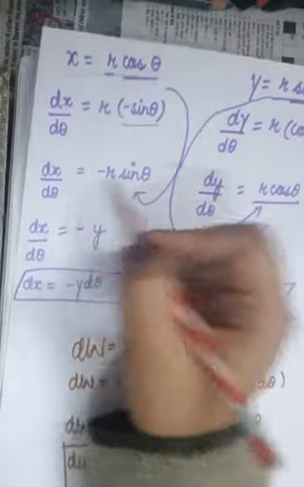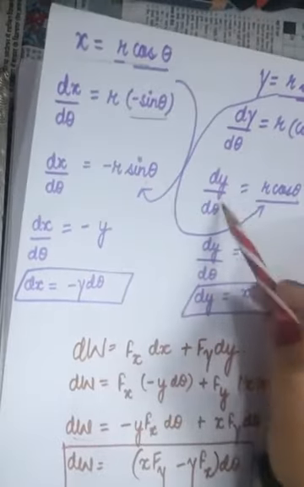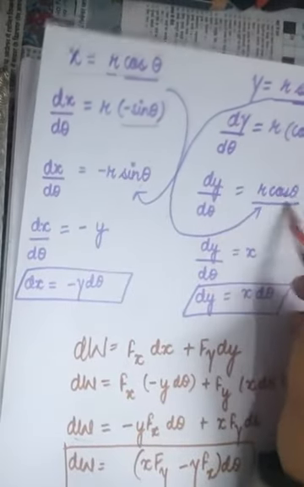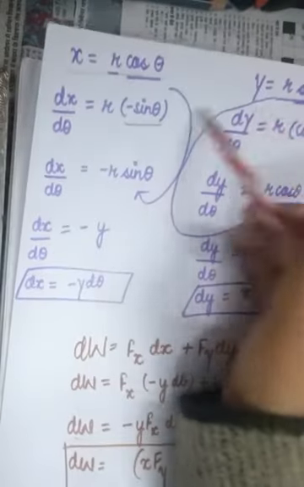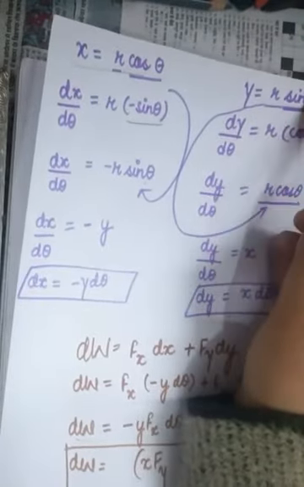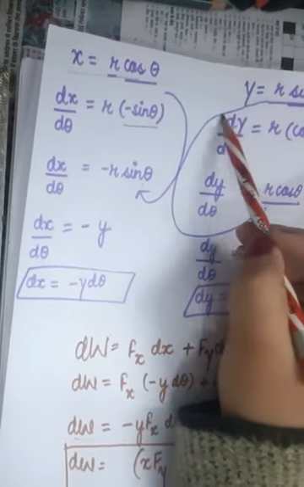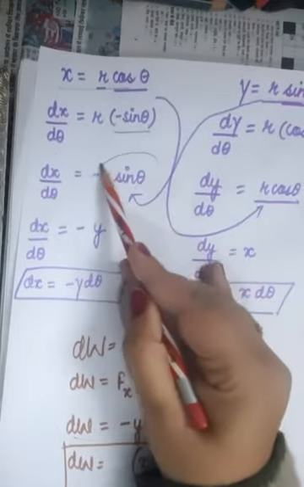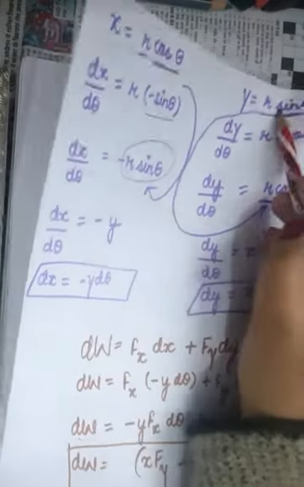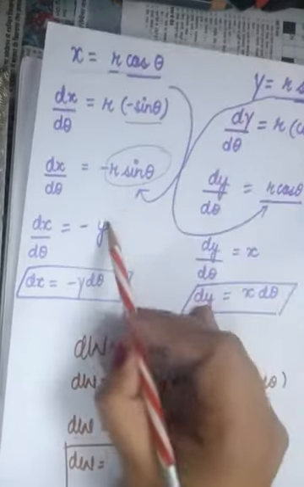So dx by d theta is minus r sin theta, dy by d theta is r cos theta. Okay, so you know that y is equal to r sin theta. So put this over here. This negative sign remains as it is, and this r sin theta is definitely equal to y.